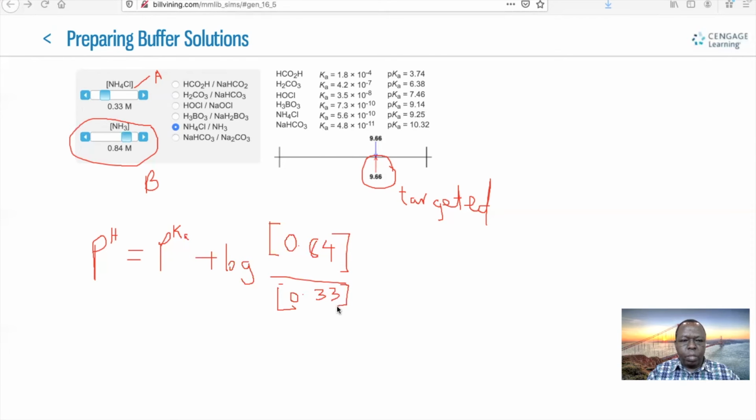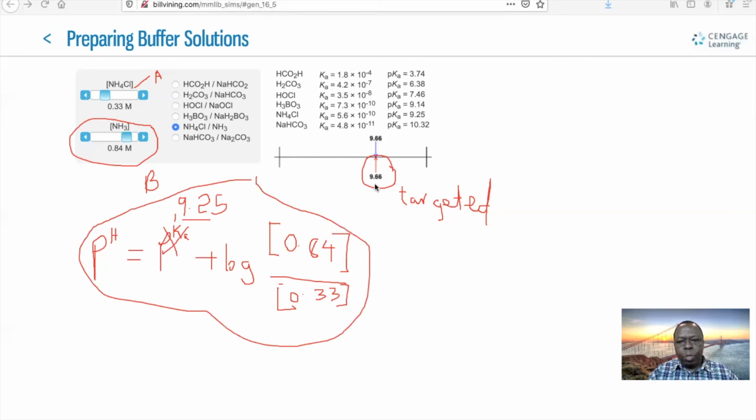This is the Henderson-Hasselbalch equation, and pKa is 9.25. So I may just get rid of this and have the pKa value and put everything in. This is the Henderson-Hasselbalch equation. This would be for my preselected pH.